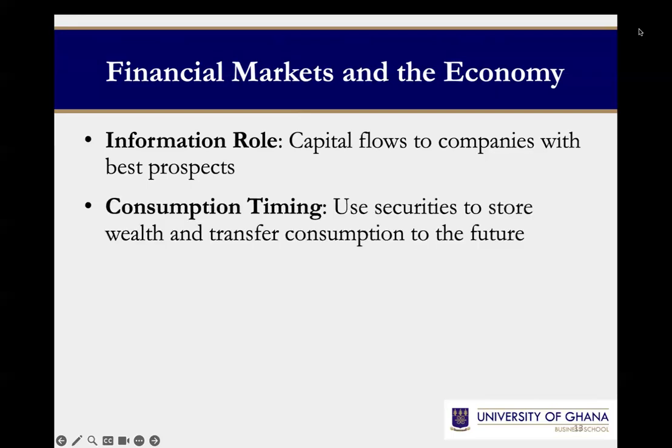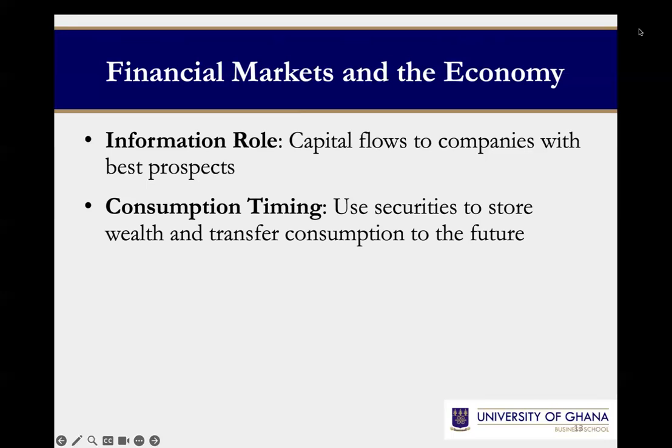And so that's one of the roles that the financial markets play within an economy. In that regard, therefore, a typical economy that has money flowing to the best prospects is likely to experience economic growth, which will then transcend to all parties within the economy and ensure welfare.